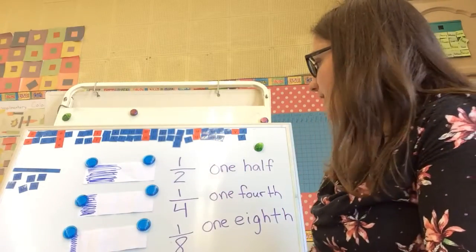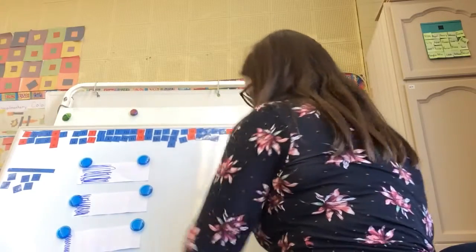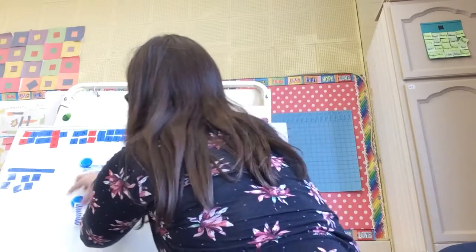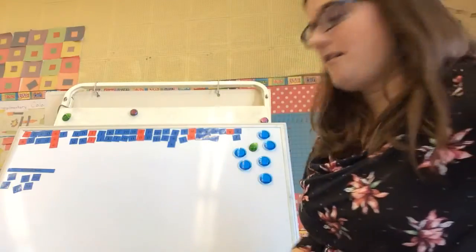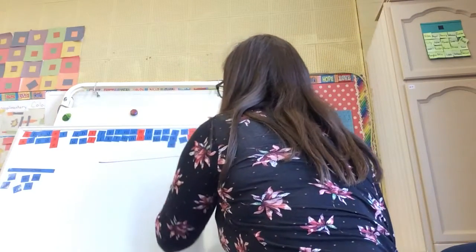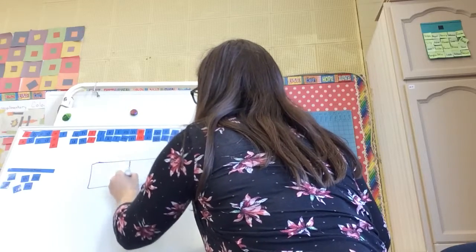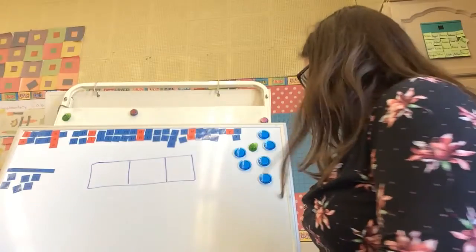Okay, I'm going to go over a couple more with you. But I'm not going to make any more strips, so you don't need any more paper. I'm going to draw it on the board here. So if I have my chocolate bar, and this chocolate bar I'm going to break into 3 pieces.